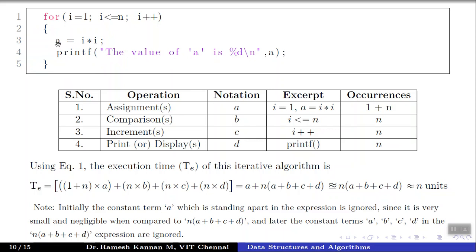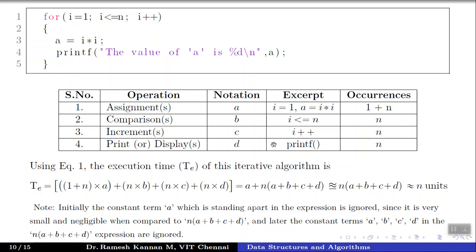Initially the value of A is 1 into 1, which is 1, and in the next iteration it becomes 2 into 2, which is 4, and so on, till the n iterations. Each value of A is computed and printed, so the printf is activated till I equals n. That is why we have n occurrences.